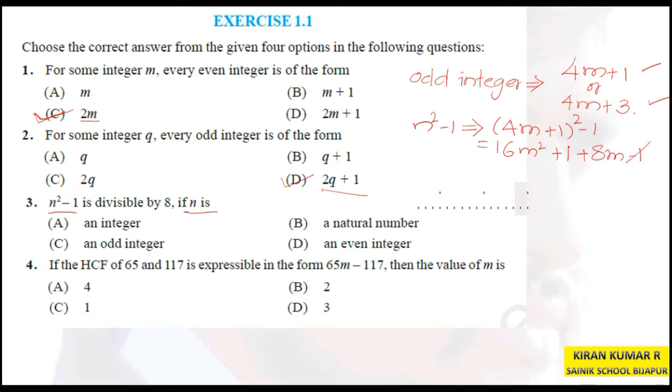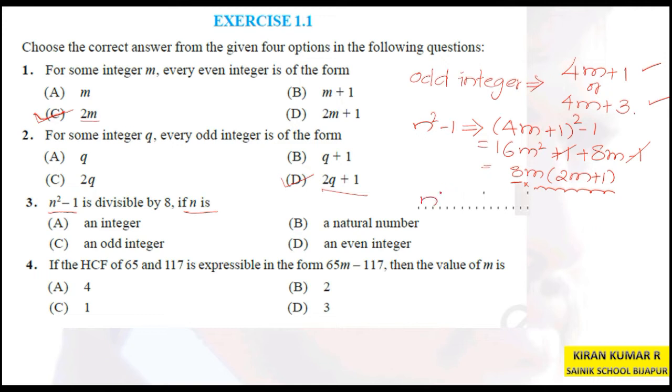The minus 1 and plus 1 get cancelled. I'll be getting 8m common times 2m plus 1, and it is very clear it is 8 multiplied to m times 2m plus 1, so it is divisible by 8.